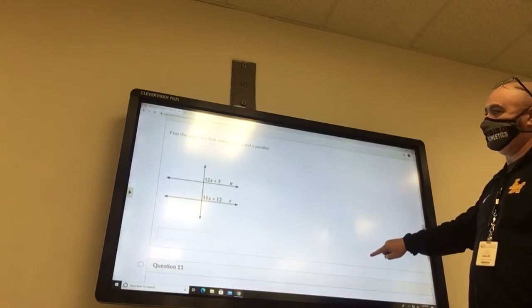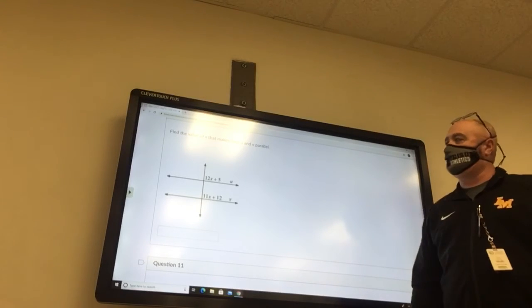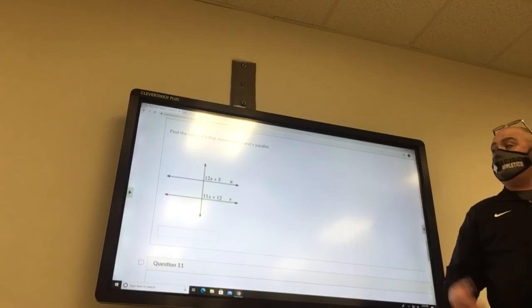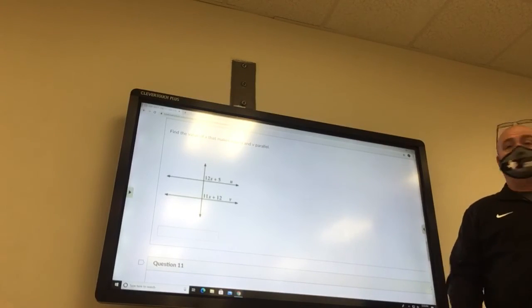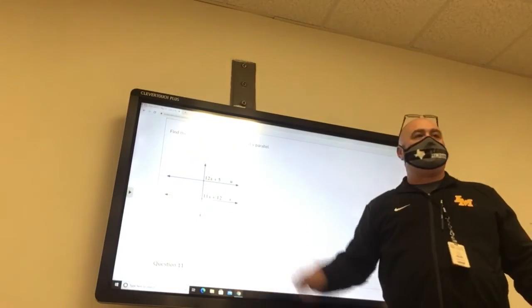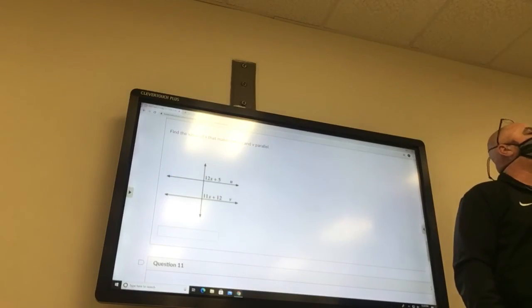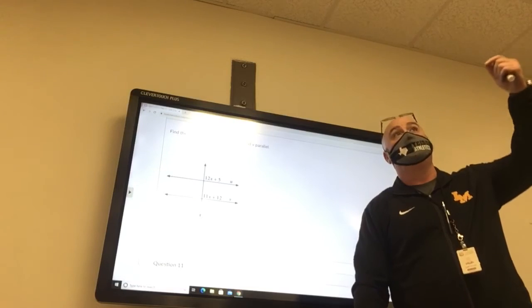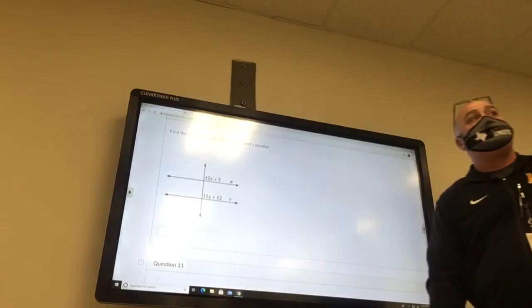Here we go. Find the value of x that makes lines U and V parallel to each other. Again, we're solving for x here. They're in the same spot, different level. They are corresponding angles. What do you know about corresponding angles? They are the same, and the same means equal.